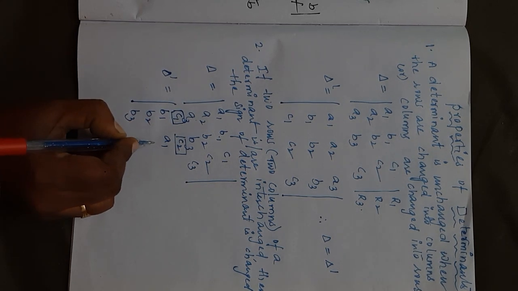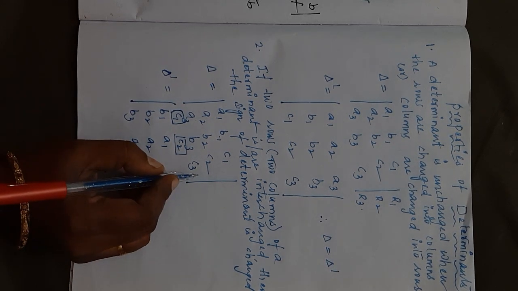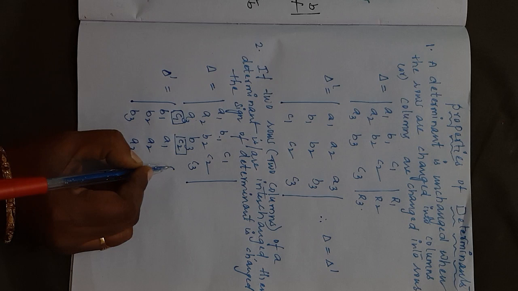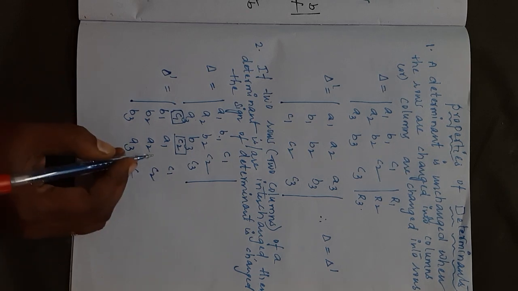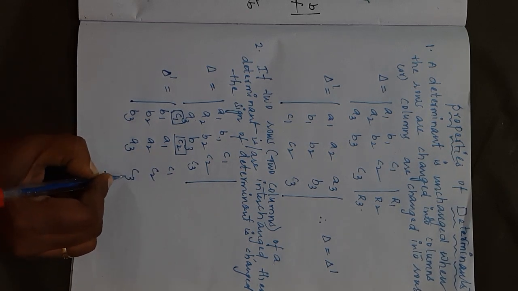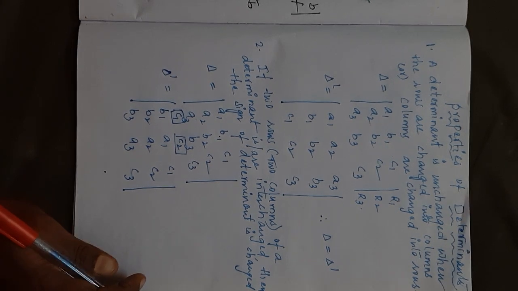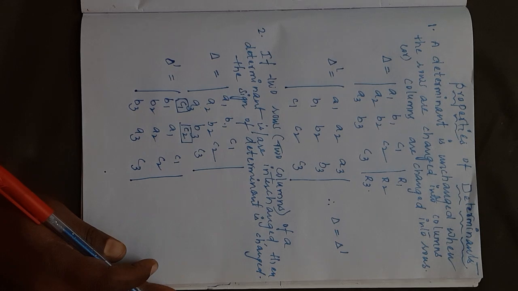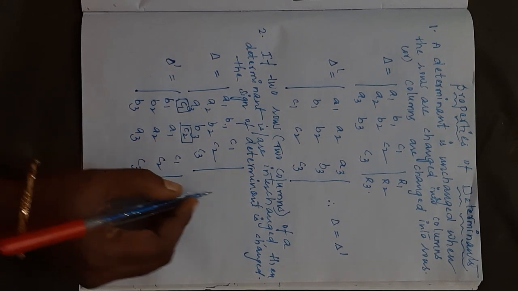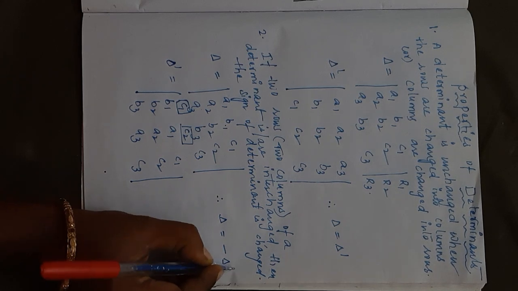The elements of column 3 are written in the same form, C1, C2, C3. This is the determinant we have obtained for delta dash. Therefore delta equals minus delta dash.